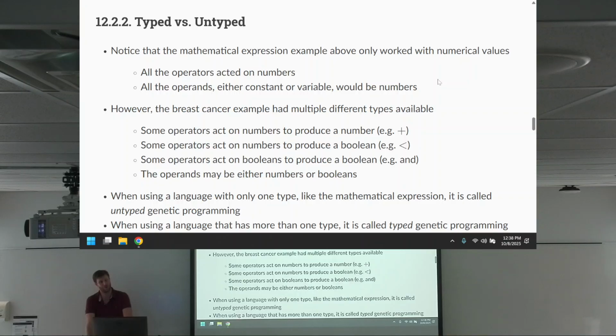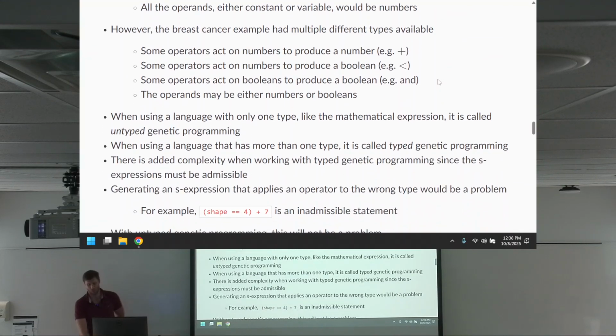Some act on numbers but produce Booleans. Some act on Booleans and produce Booleans. And the operands, the literals or constants or variables, may be either a Boolean or a number. So we need to make sure we can have all of that in the space, right? So we need to make sure our language is set accordingly.